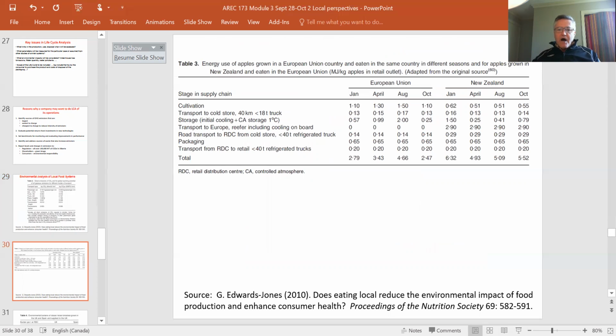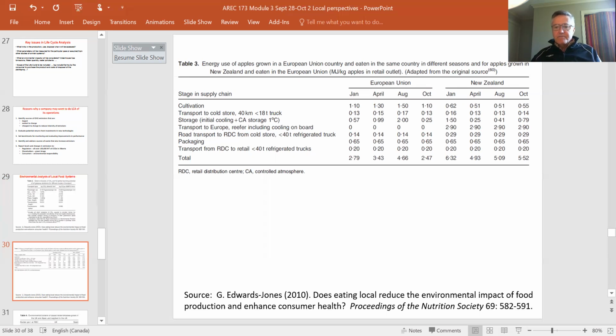So how important is that? It depends how it's being produced. So this looks at the energy use in megajoules per kg of apples which are produced and available on UK shelves, looking at different elements from production through to consumption, at least through to the store.